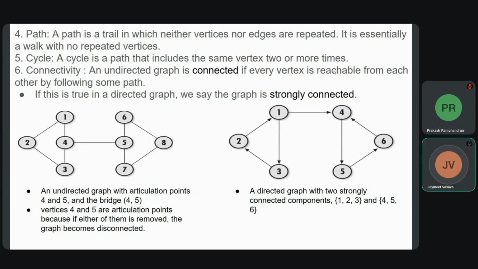Those are called articulation points. Now, if we come to the image on the right, which is a directed graph, we have a strongly connected component, with the help of 1 and 4, which are connecting 1, 2, 3, and 4, 5, 6.